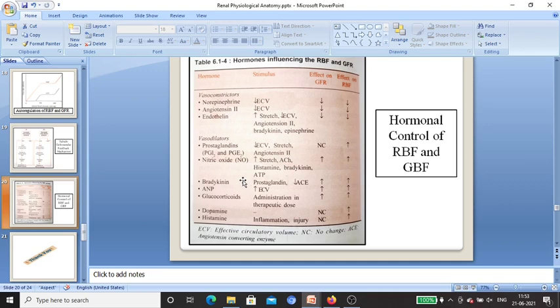So that is the nervous regulation. In normal condition, nervous regulation is not a common picture for the kidney. So that is the part about the renal blood flow, or control of blood circulation to the kidney.